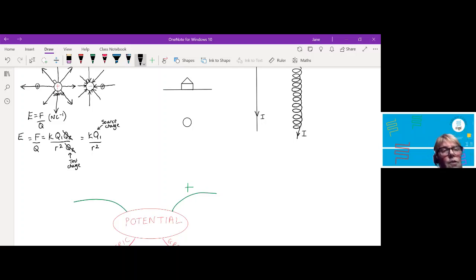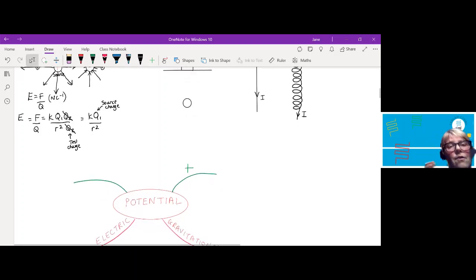So we have to take into account the signs again, and very often you'll see a little bracket with a negative in front of that equation, because whether it's attractive or repulsive. Remember, it's negative for attractive and positive for repulsive.